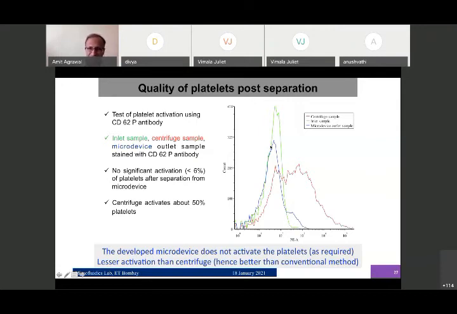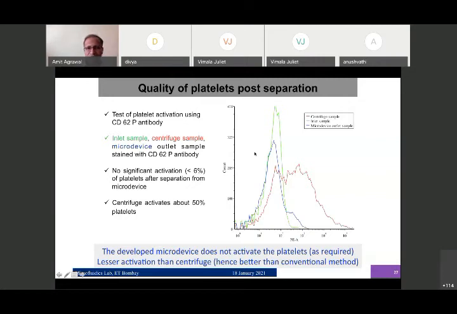Now, what we see is if we were to take the same blood, one part of this blood, and pass it to the centrifuge, then we would find this red curve coming out. And this is substantial deviation from the green. This is a known problem with centrifuge. Centrifuge activates about 50% of the platelets.